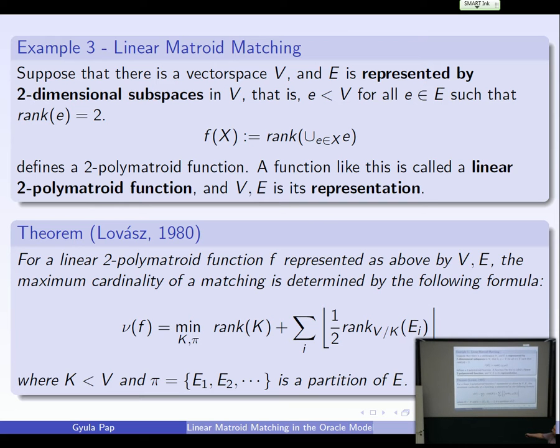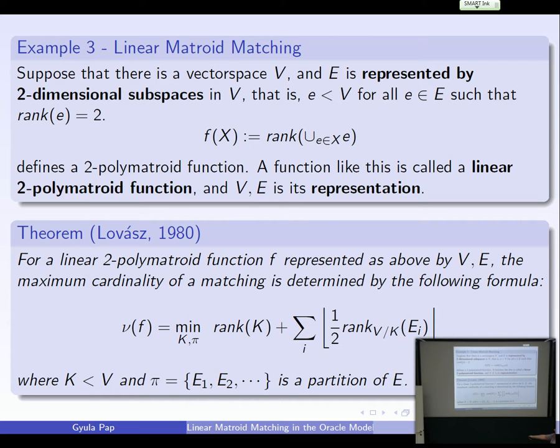If the vector space is over a large field, then maybe the representation of K is hard to find. K is not given by elements that we know from the representation. Maybe it is difficult to compute.